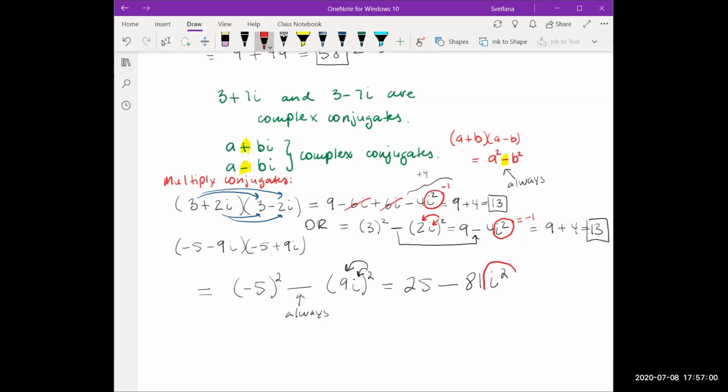Next, I will replace i squared with -1, and I will have to multiply. So that's what I have. So it's 25 minus 81 times -1, like that. Don't forget that it's multiplication. So that means that's 25 plus 81. 25 plus 81 is 106.